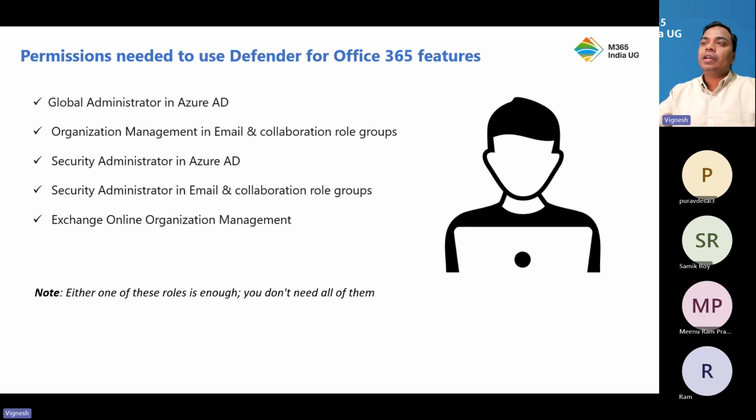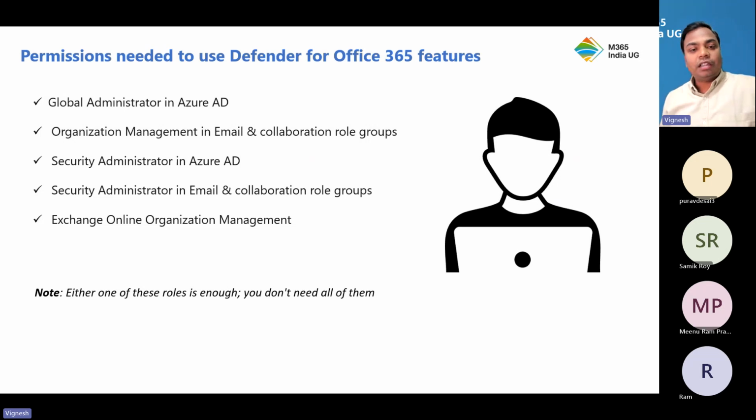Okay. Now, before we get into the demo, I just want to make sure that you understand the permissions needed to use Defender for Office 365. Of course, the highest level of privilege is global administrator, but we all realize that's not something you get very often. So you could also have the organization management role in email and collaboration.